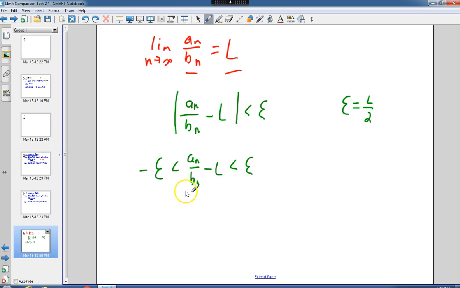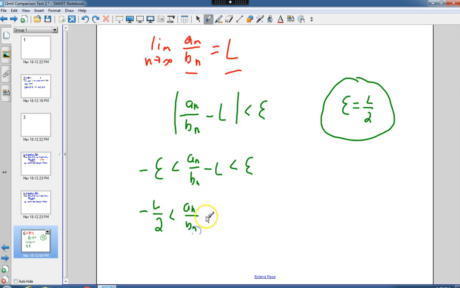The next thing I'm going to do, because I'm saying that we're going to let epsilon be equal to L over 2, it's just a particular value, is substitute that in, and we'll have negative L over 2 has to be less than a sub n over b sub n minus L, which would have to be less than L over 2.